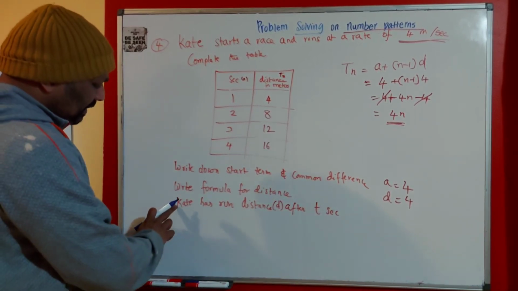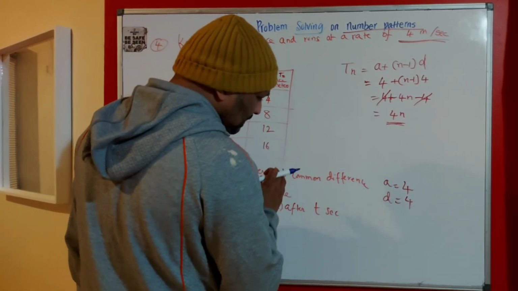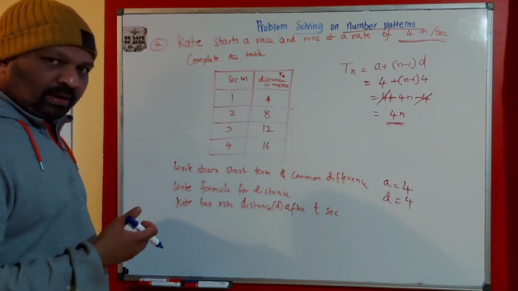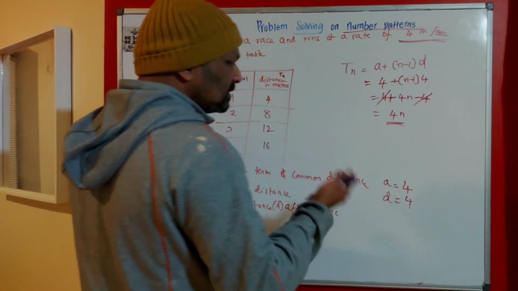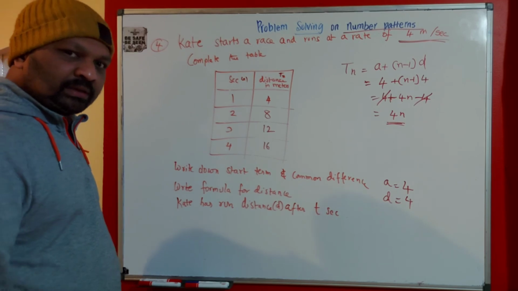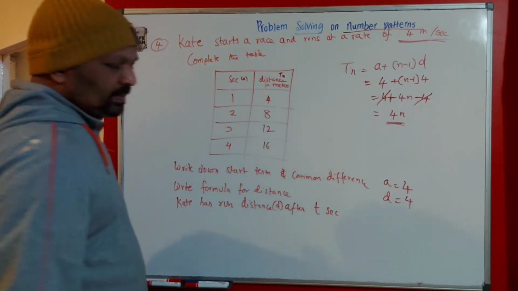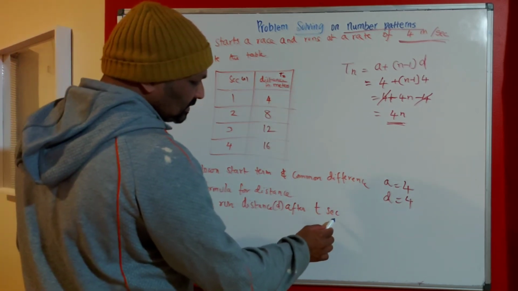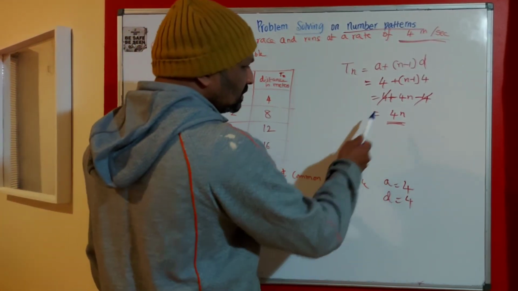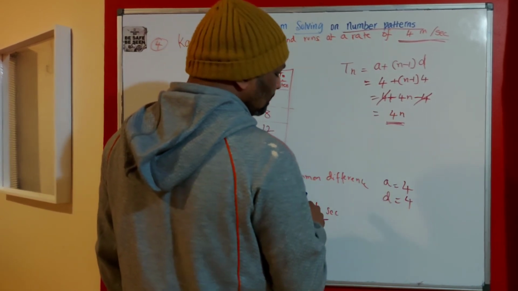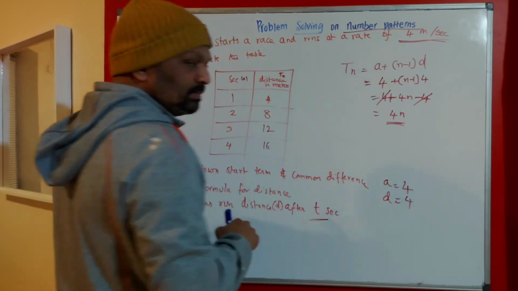Okay, and the fourth part here is: Kate has run a distance D after T seconds. So what is the distance D formula after running T seconds? Here we consider seconds as n, assuming this n is T seconds, denoted with the letter T. In such a case, you just replace n with T. After n seconds, she is covering 4n meters.